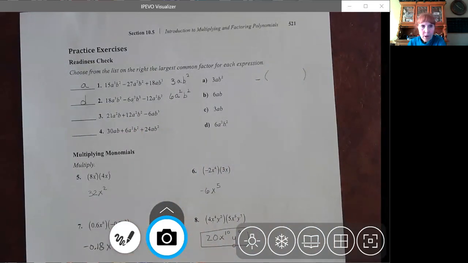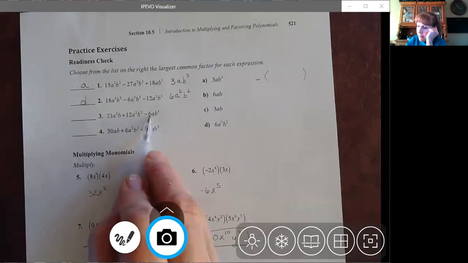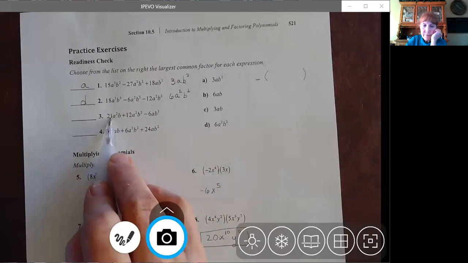Okay, number 3. What goes into 21, 12, and 6? This is when knowing your multiplication tables makes things so much faster. It would have to be a 3. 6 goes into these two, but it doesn't go into 21.